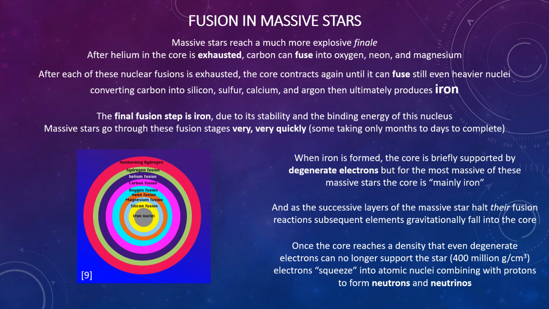Once the core reaches a density greater than the Chandrasekhar limit, where electrons can no longer support the mass of the star, sometimes these electrons are squeezed into the protons and form neutrons, which also then form neutrinos to balance out the numbers. I say sometimes, but it actually will always happen. Sometimes that creation of neutrons is enough to halt the process of collapse. There is a corresponding neutron degeneracy pressure.